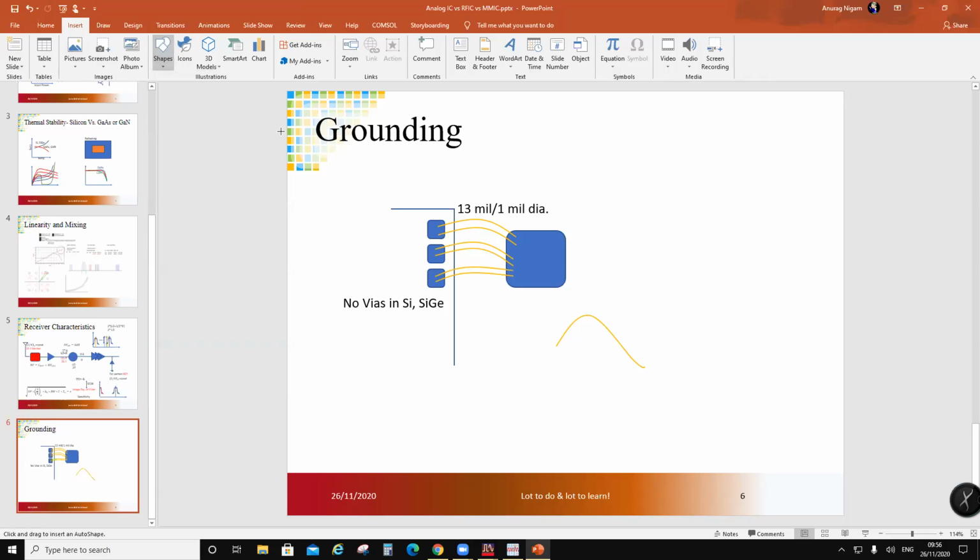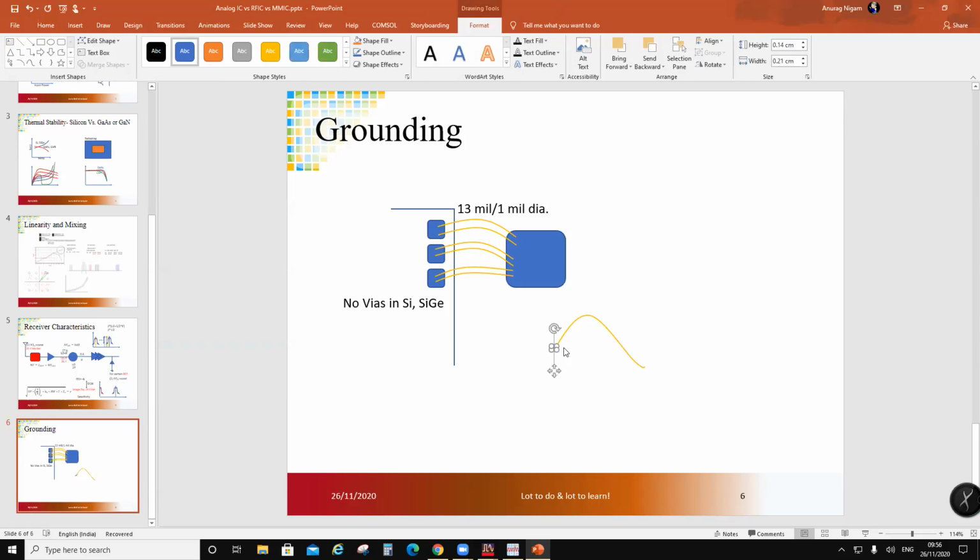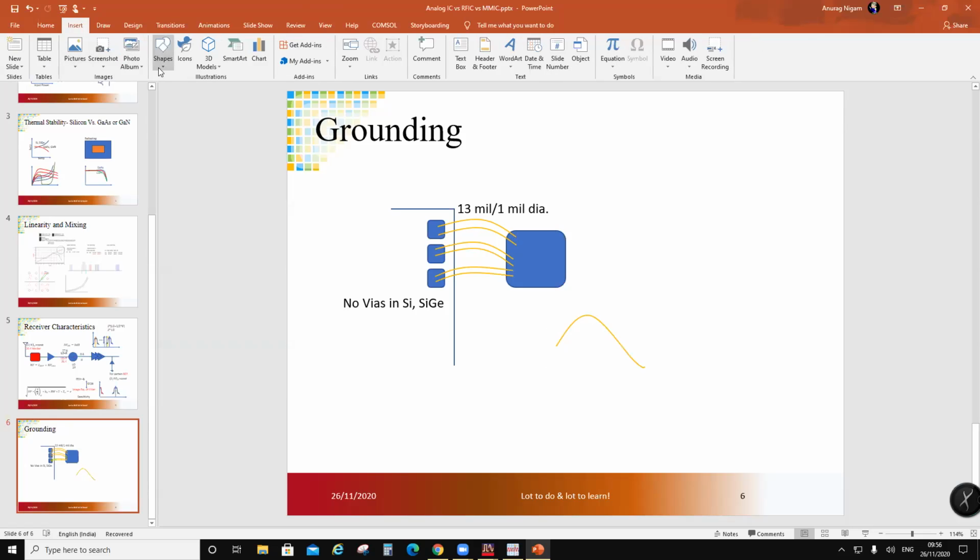Sorry. So basically, I'm drawing the same wire only. I'm not filling it. Sorry. Okay, later I'll shrink it. Doesn't matter. So this is your bond wire.